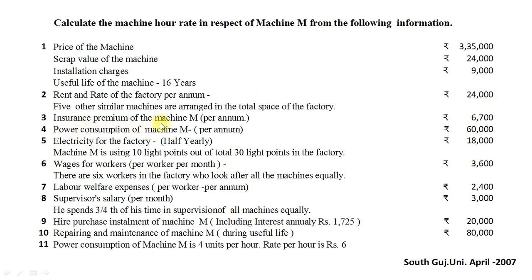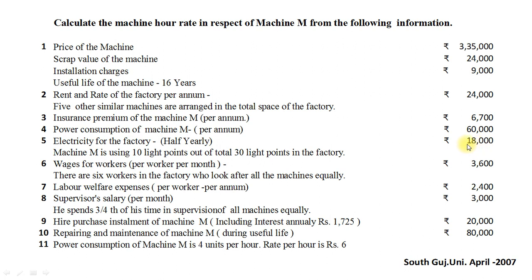Insurance premium of the machine M per annum rupees 6,700. Power consumption of machine M per annum rupees 60,000. Electricity for the factory half yearly rupees 18,000. Machine M is using 10 light points out of total 30 light points in the factory.